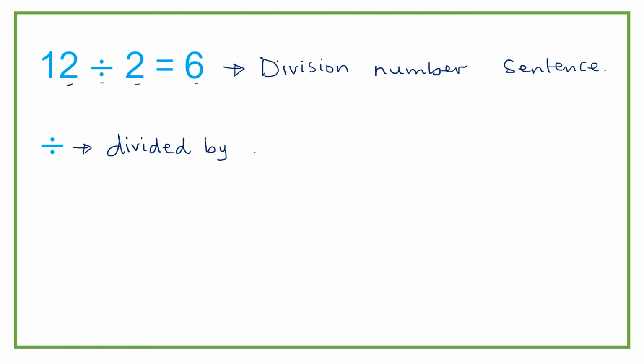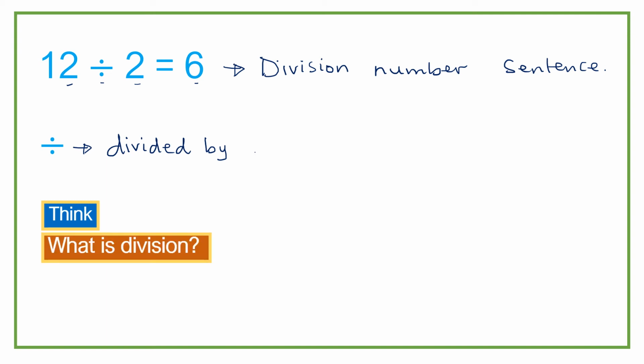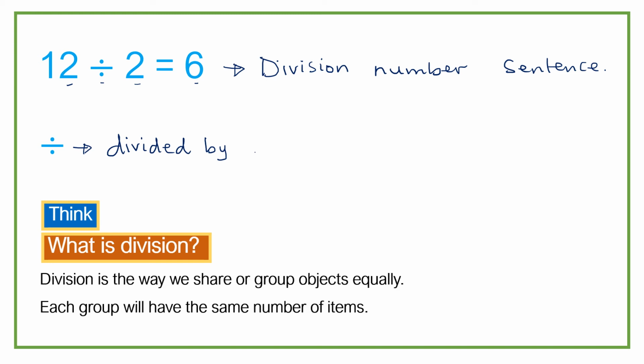Okay? So now, students, I want you to think. From what we have seen in our lesson today, what is division? Okay, that's great. Division is the way we share or group objects equally.